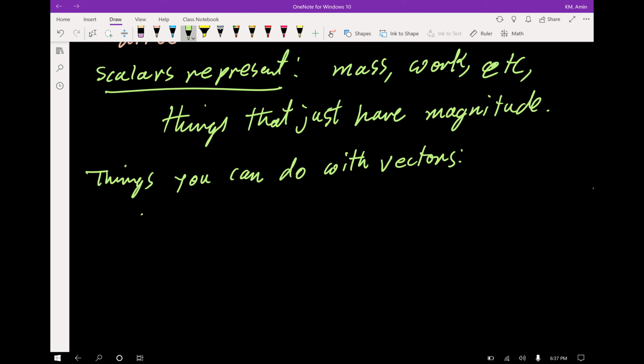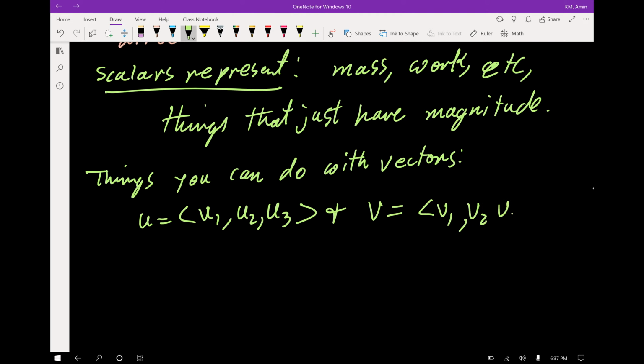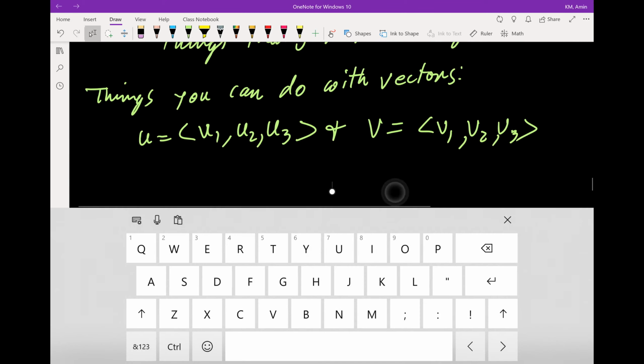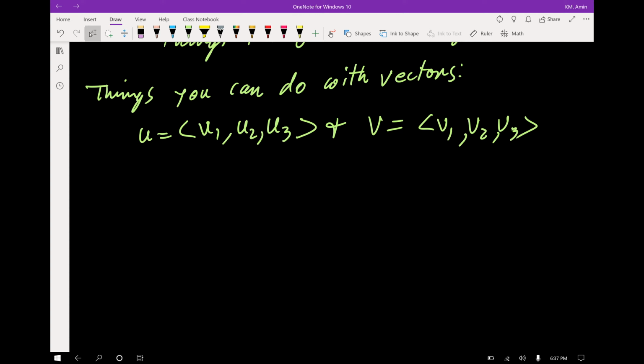Let's say you have this u vector, u1, u2, u3, and v goes v1, v2, and v3. You can add vectors. They're very trivial.